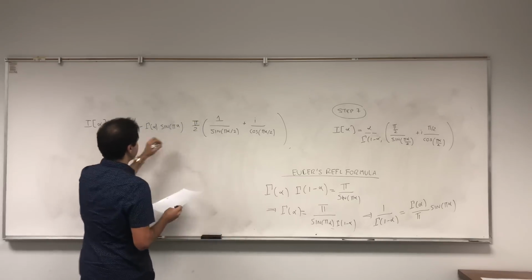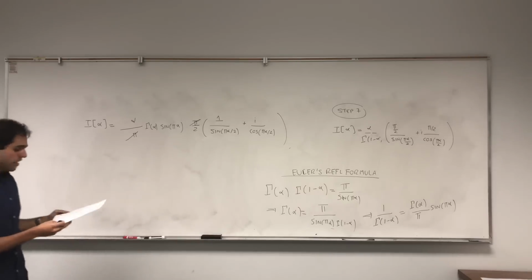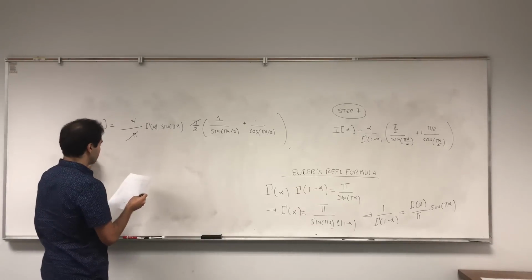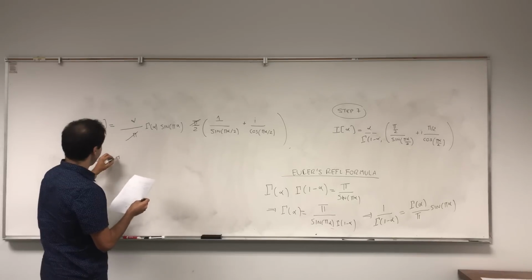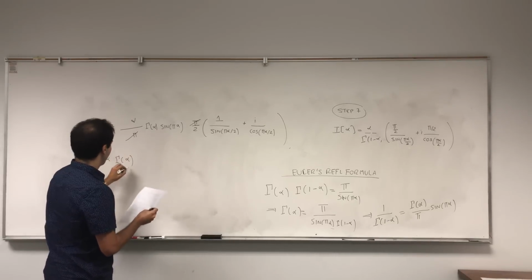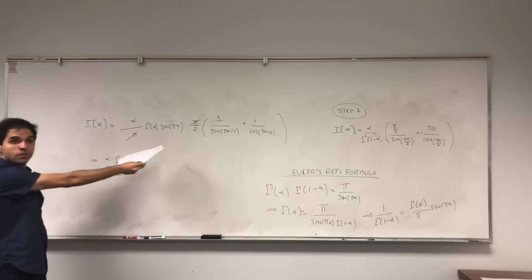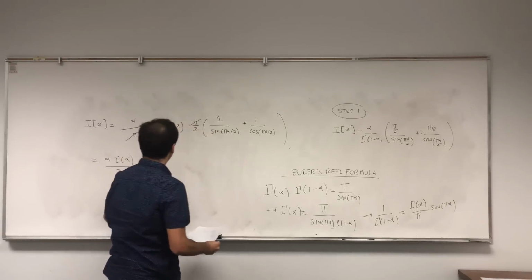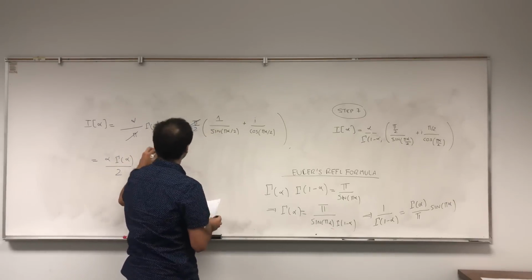Now, the pi's, they cancel out, so that's good. And then what you're left with is alpha, gamma alpha over 2. And again, you should still be worried because here we have kind of the wrong terms. But here's what saves us.